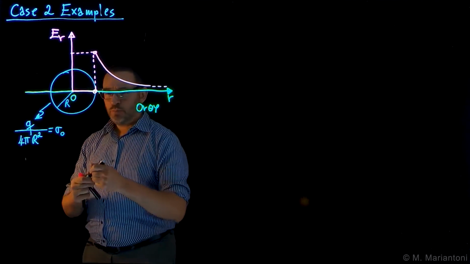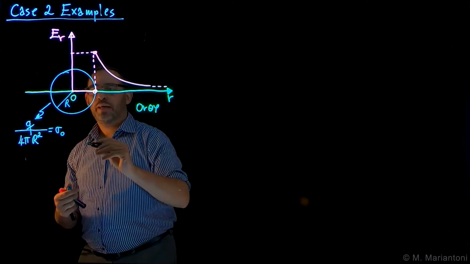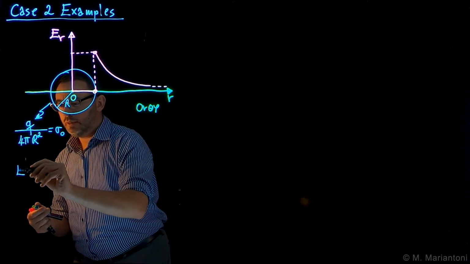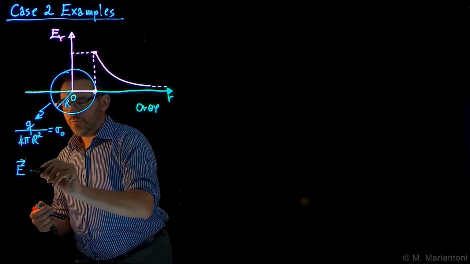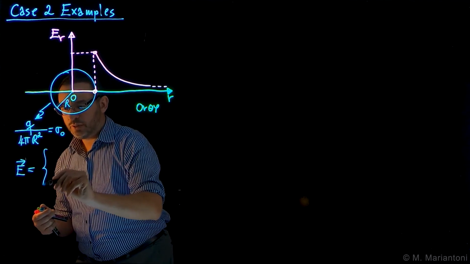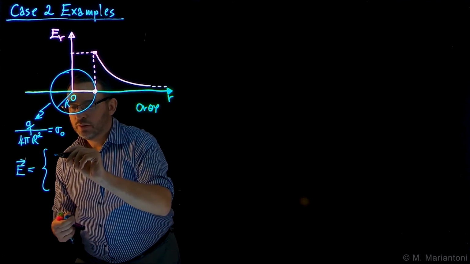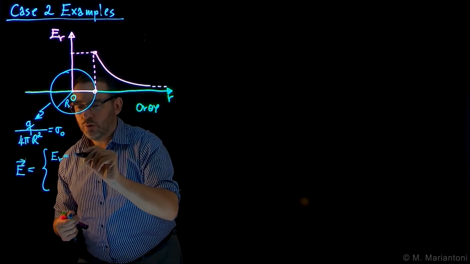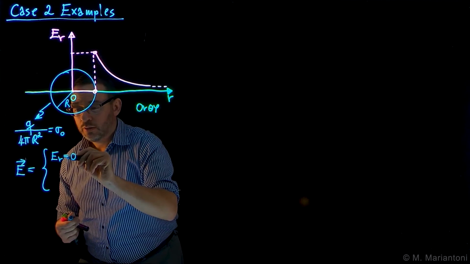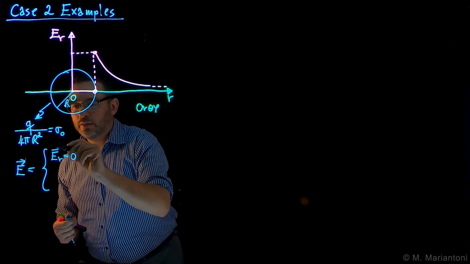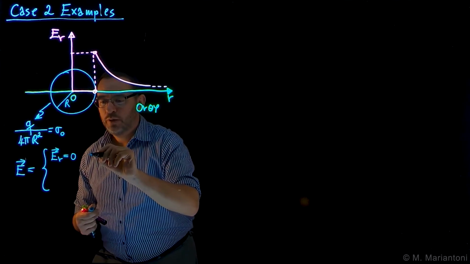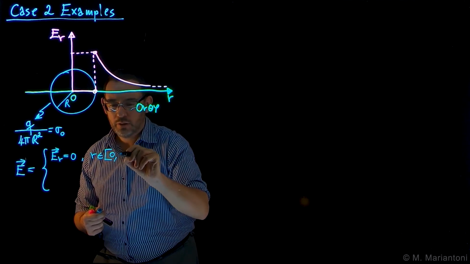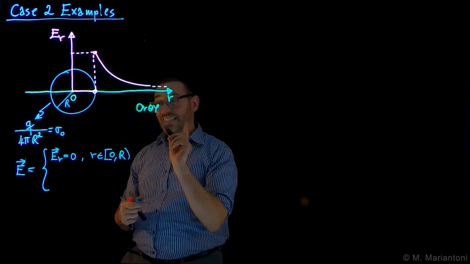So if we write this down a little bit more properly, we eventually find that the electrostatic field E is a vector which comprises the following components: E_r equal 0 inside the sphere, which means for each point r from the origin from 0 all the way to capital R excluded.